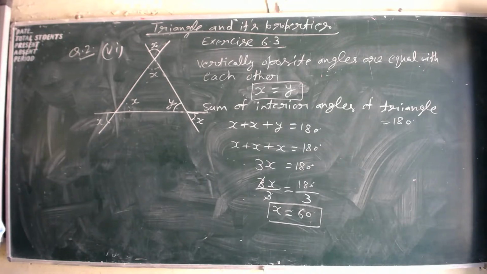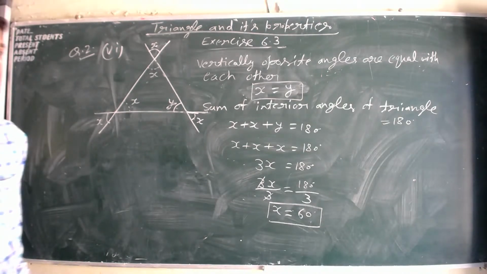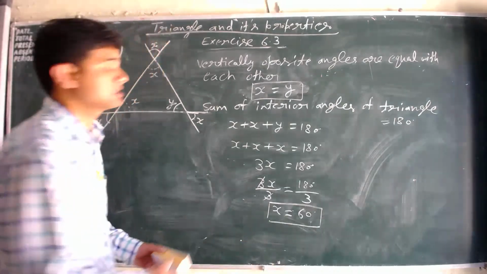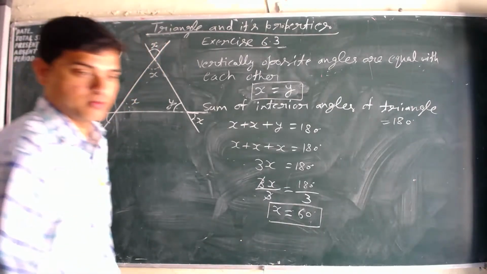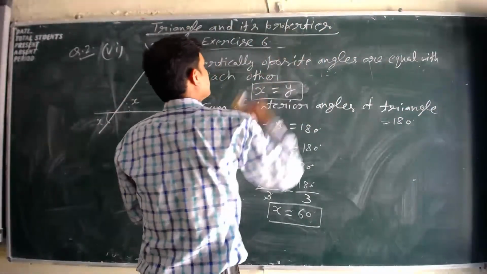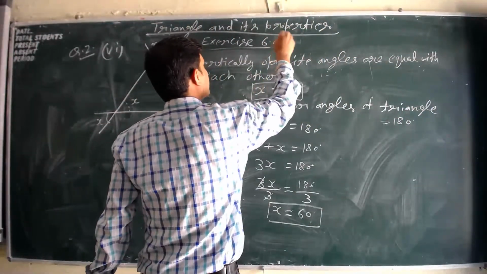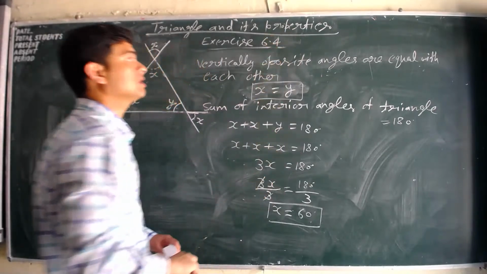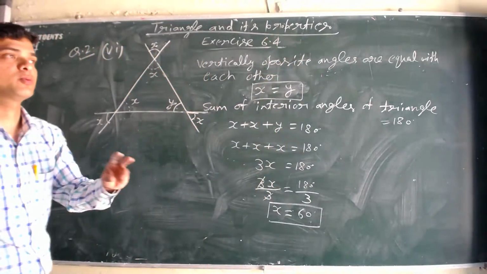Okay, next one is exercise 6.4. 6.4 is quite a simple exercise. Okay, ये आपने नोट किया ही होगा. 6.3 is completely based on two properties.